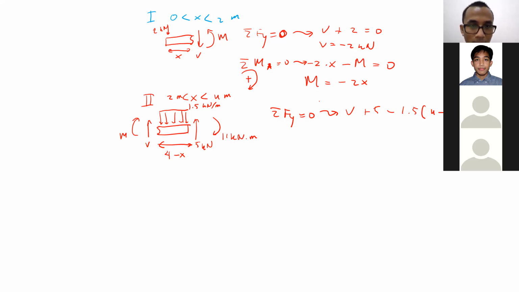The length is 4 minus x, the distributed force is 1.5 kilonewton per meter, so the resultant is 1.5 kilonewton per meter multiplied by 4 minus x, equal to 0.